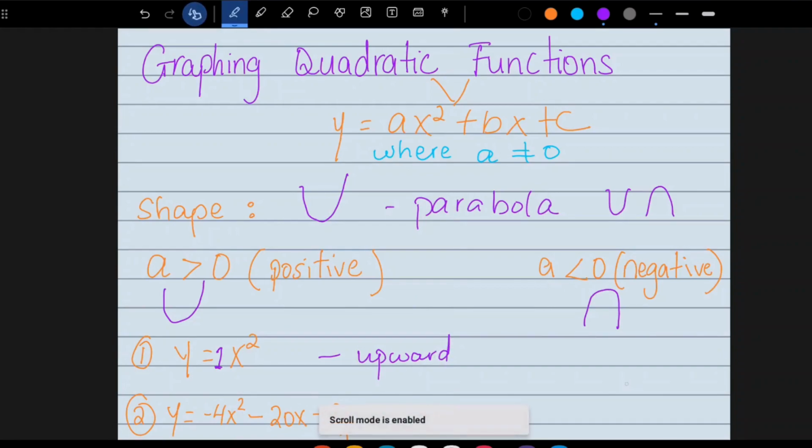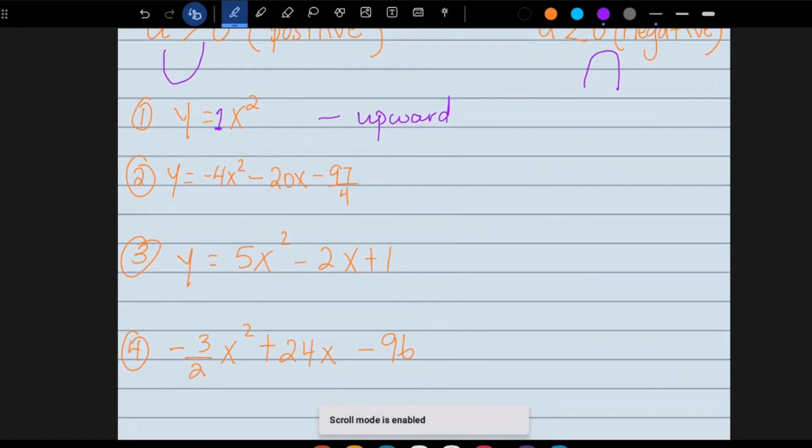What about number 2? Well, for this graph, we see that the coefficient for the x squared is -4. So this one will shape downward. Number 3, my coefficient for x squared, or my a value, is 5.